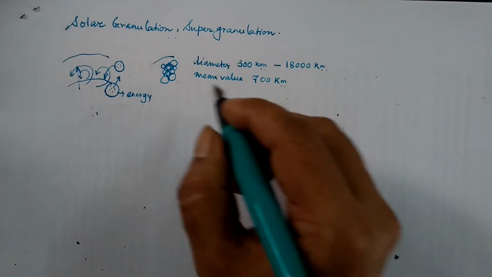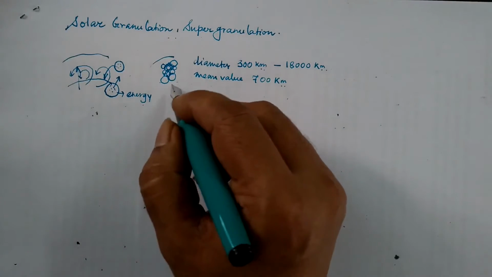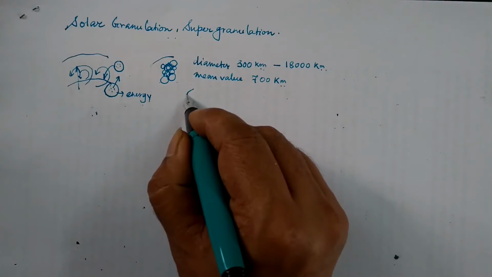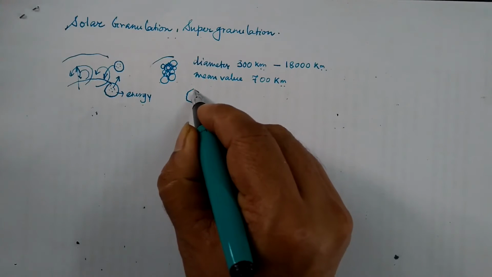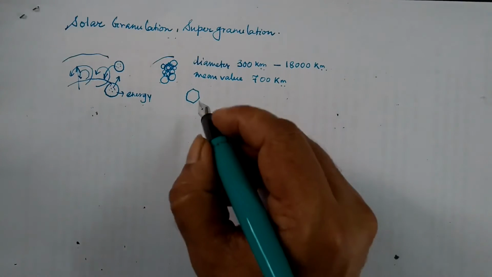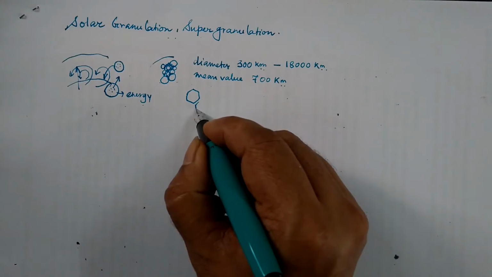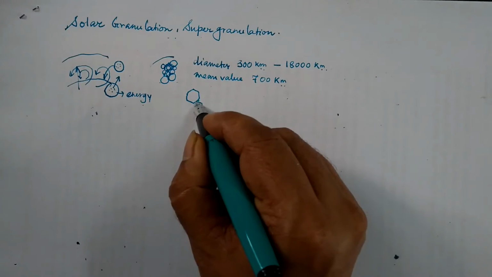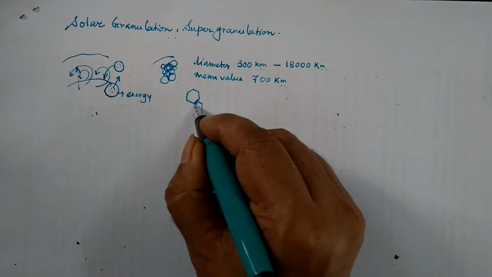Now what about their shapes? Their shapes are not really spherical. Their shape is more like an irregular polygon, like this and this, with intermediate space between the polygons.